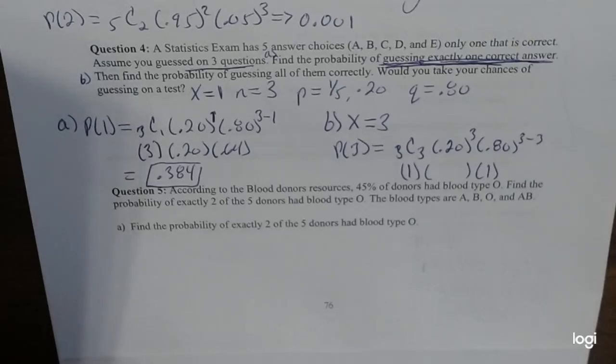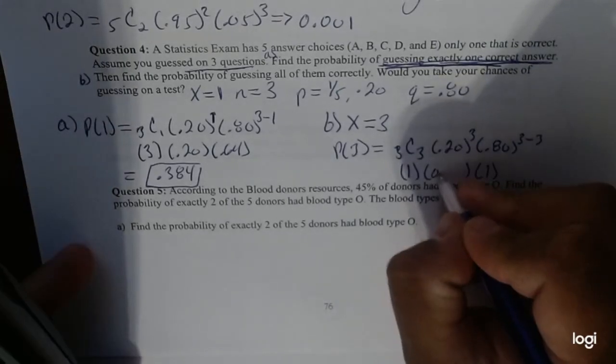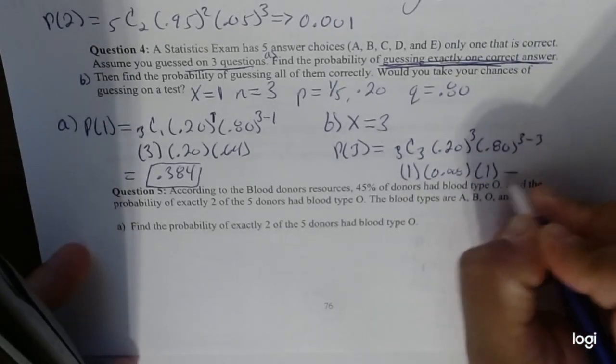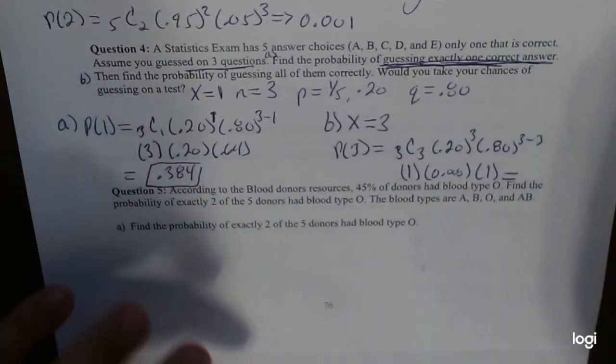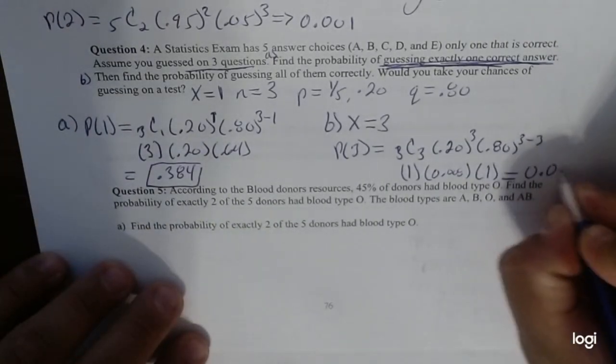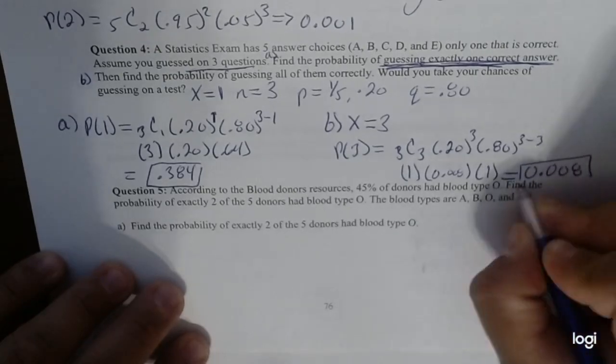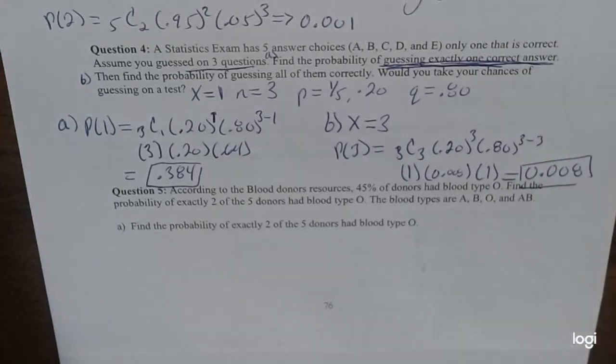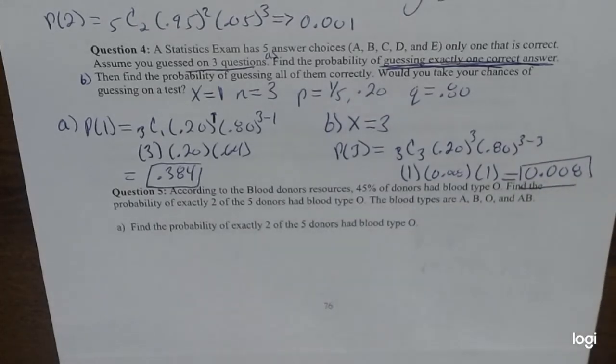So 0.2 raised to the third power is actually a very small number. So your answer is 0.008. So very less than a 1% chance of you getting all correct if you just randomly guess. Isn't that crazy? So this is the probability of you guessing all 3 questions correctly.